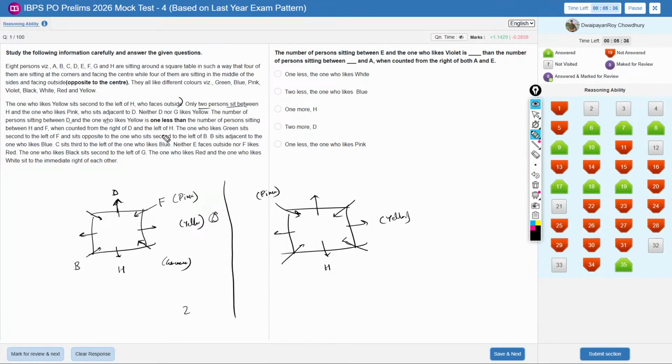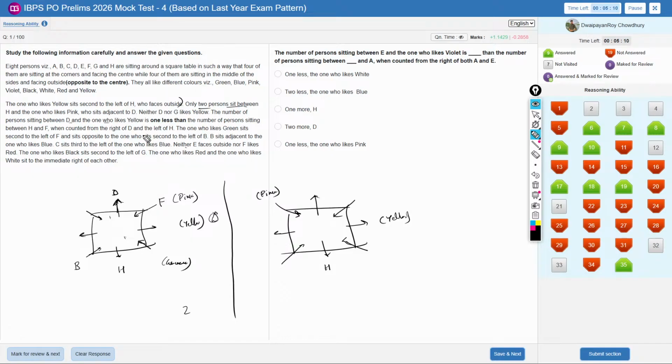Can be both. Sits second to the left of G. Okay. Neither E nor F faces outside, E facing inside. Okay, so E either or here.